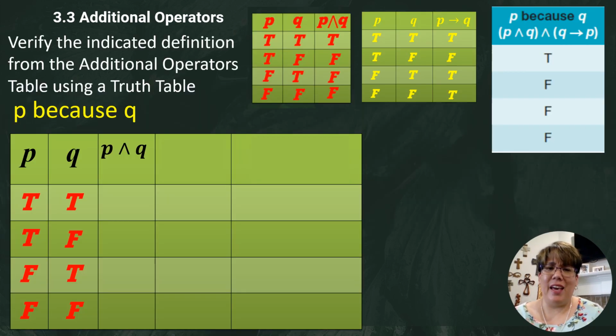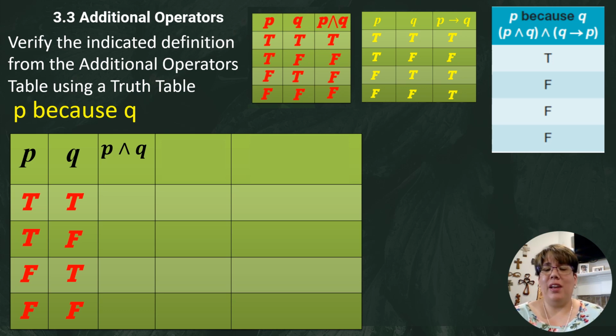Let's take a look at an example. One of your homework problems will look something like this. It will say, verify the indicated definition from the additional operators table using a truth table. And then it just says P because Q, which is kind of weird.